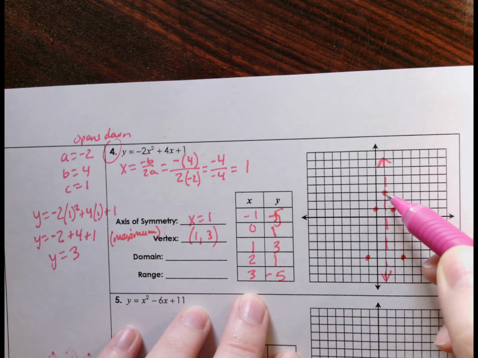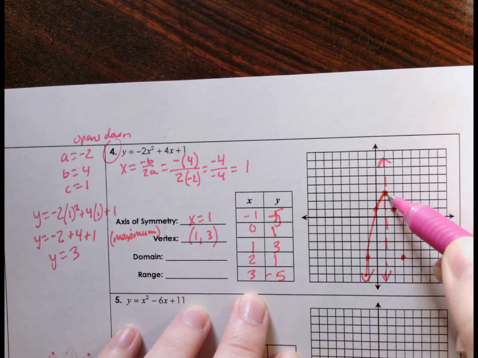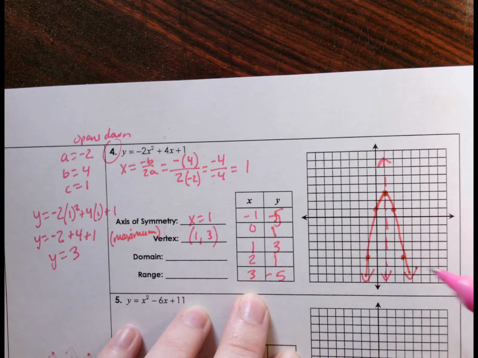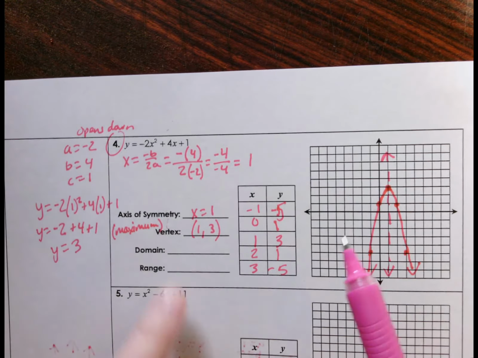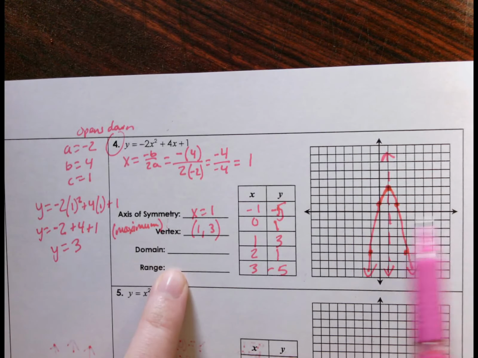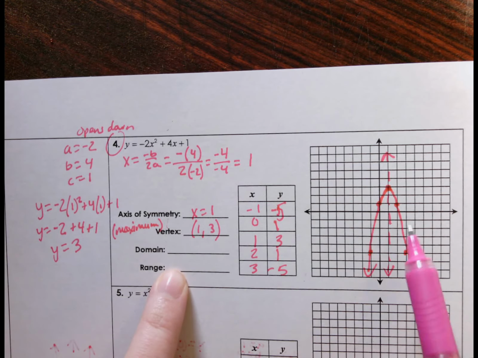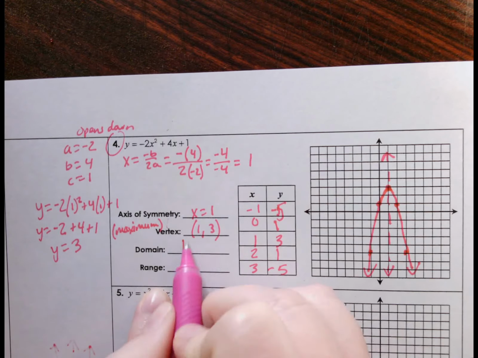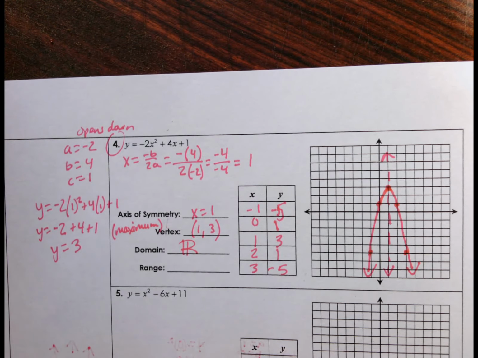When we graph this, it's going to be a nice smooth curve, no point to it, and those lines are going to extend forever down and out. In this case, for the domain, we have x values that keep going forever to the left and the right, so our domain is going to be all real numbers. If you remember, that is one of the traits of a quadratic: domain is usually going to be all real numbers.